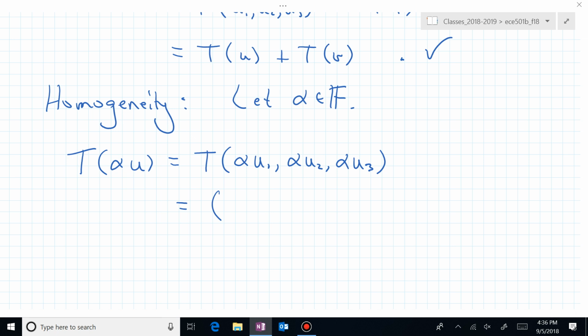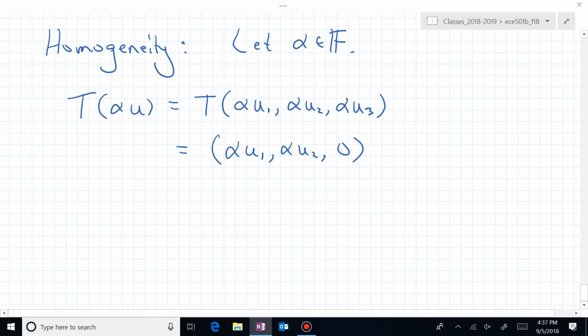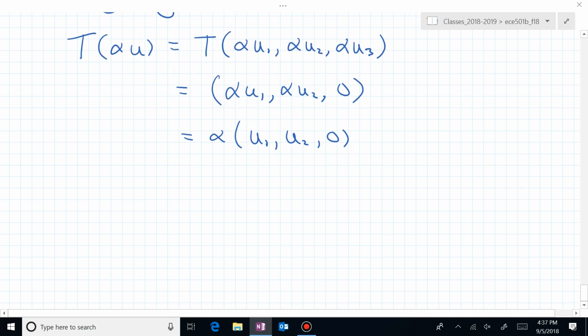Everything is preserved except for the third element, or the third coordinate, and it gets zeroed. So now we have alpha U1, alpha U2, and 0. Or we can now say that is alpha times (U1, U2, 0).